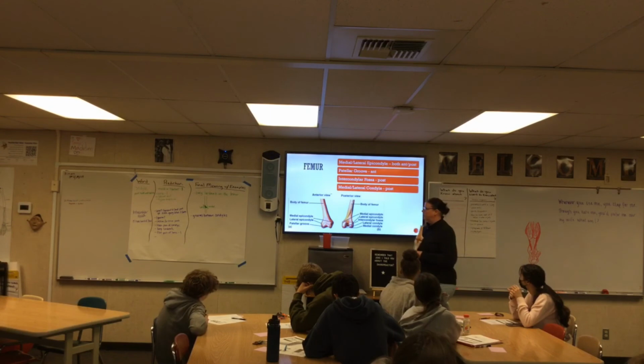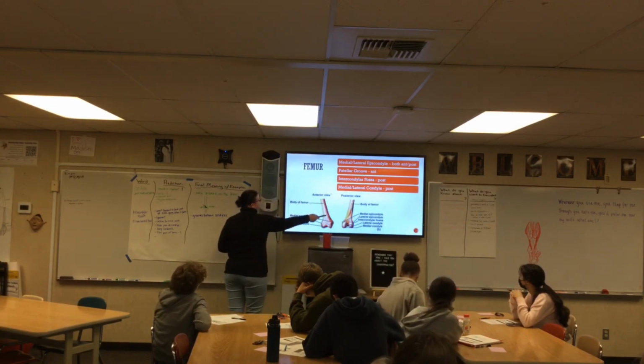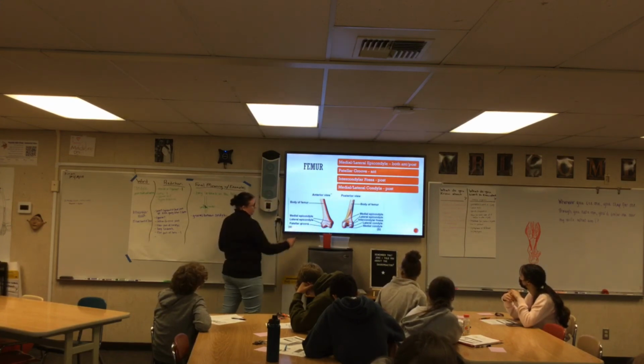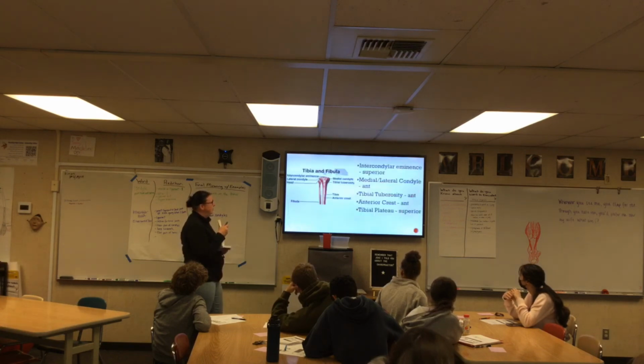In the anterior picture, we have the body of the femur, then the medial epicondyle, the lateral epicondyle, and then the patellar groove. Pretty easy, just got to remember those landmarks.